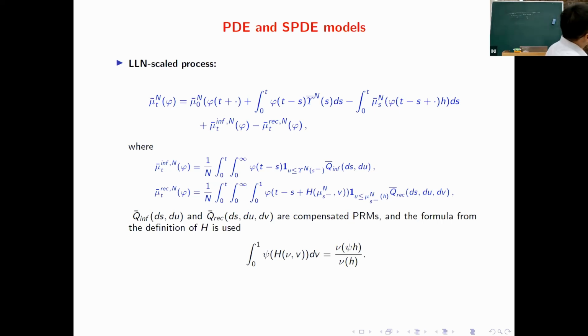For the large number limits, all of these will converge to 0, and this will give me the PDE limit.